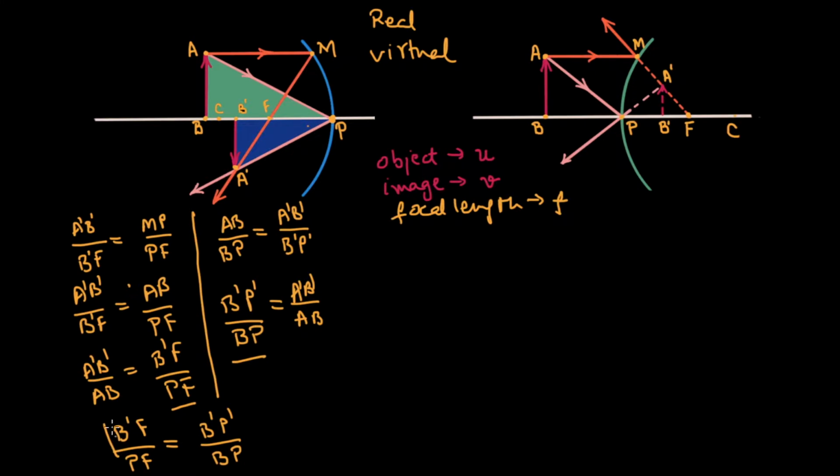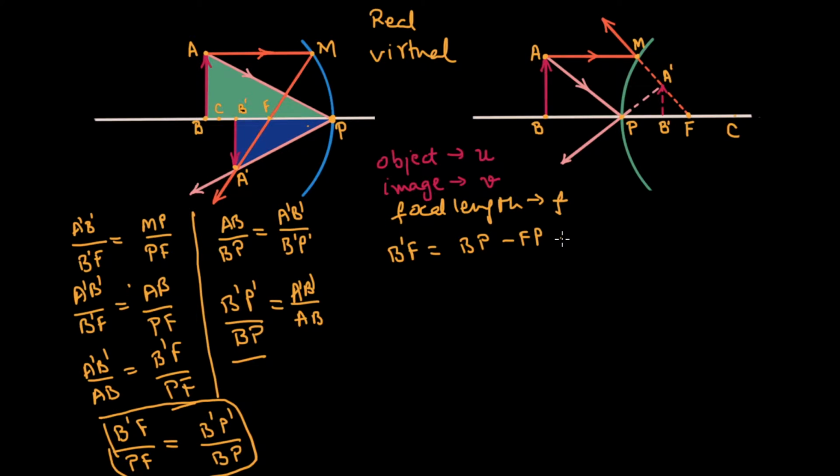What would B prime F be? If you look at the diagram, B prime F is the same as B prime P minus FP.